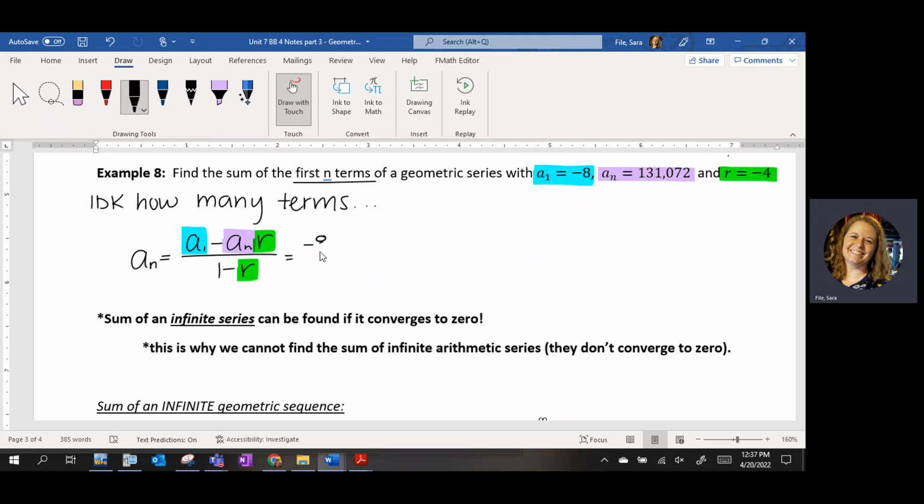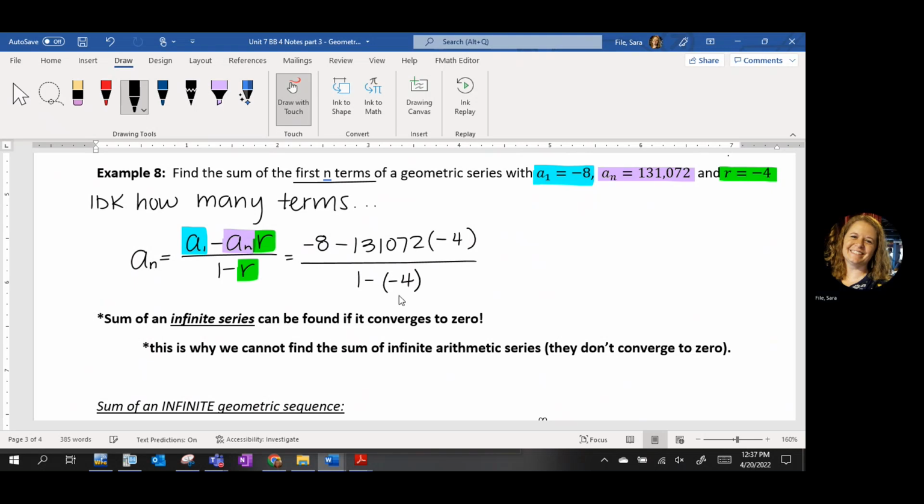So I would have -8 minus 131,072 times -4 over 1 minus -4. You can break this down. You can do the numerator and denominator separately, then divide, whatever you prefer.